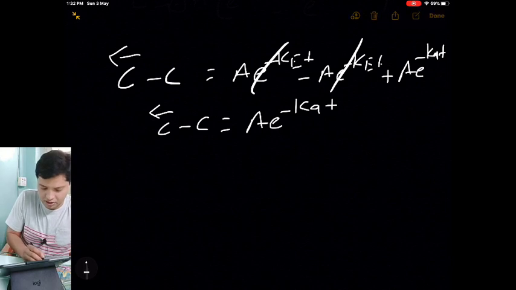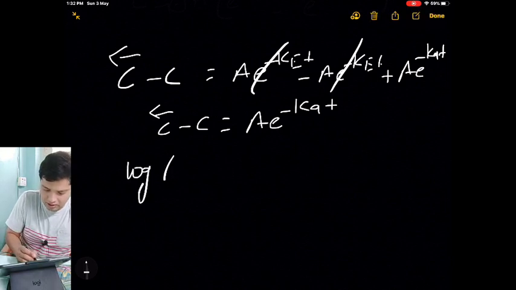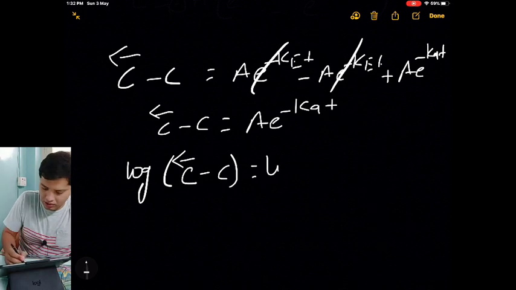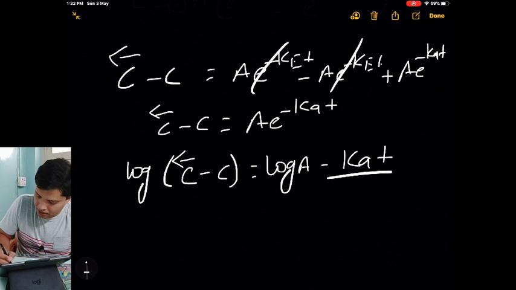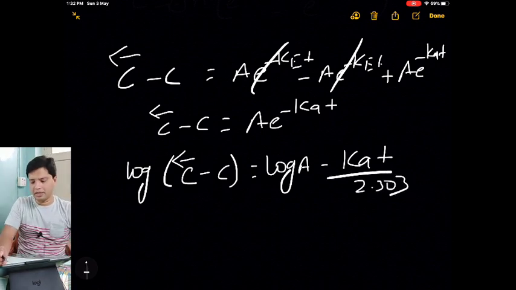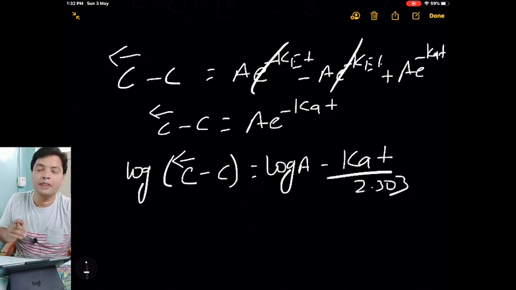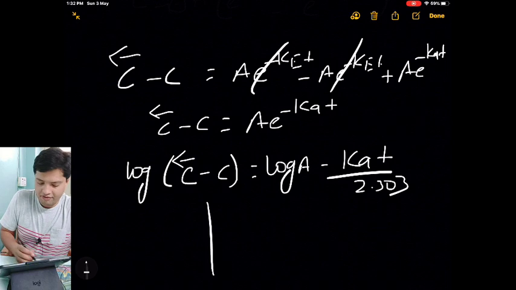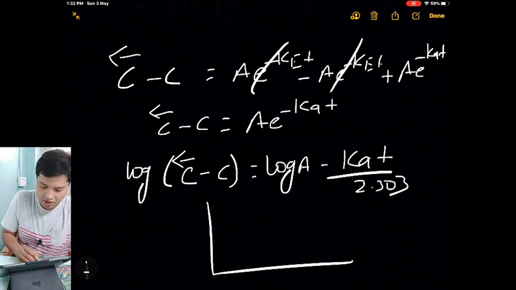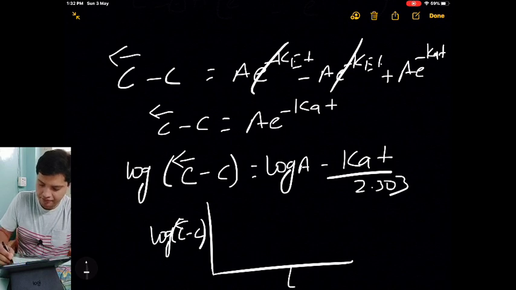Again, apply log for this. You get log A minus Ka t by 2.303. So how can we determine the rate of absorption? Plot the graph. The y axis will be log C dash minus C, against time.